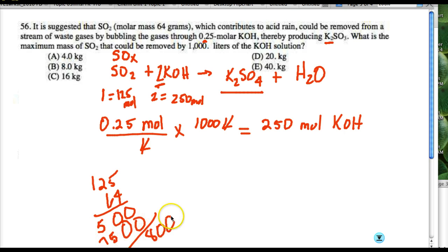So then you add them up, and you have 8,000 what? Grams, right? Because wasn't this moles, and then this was grams per mole?